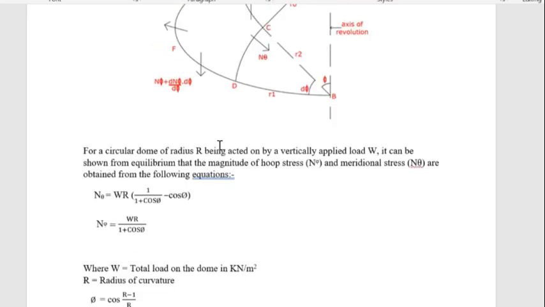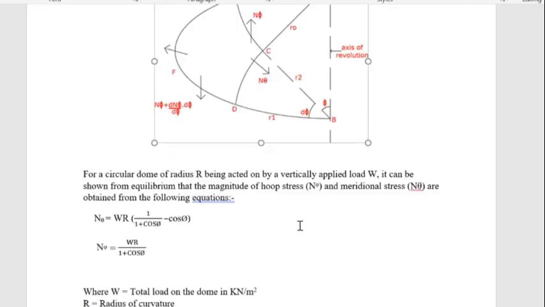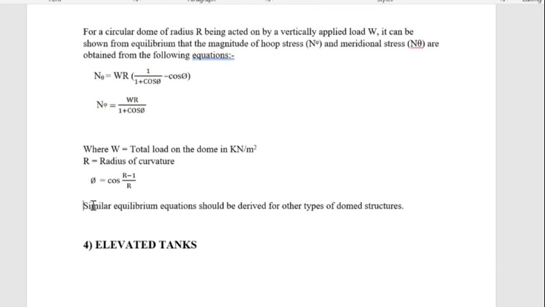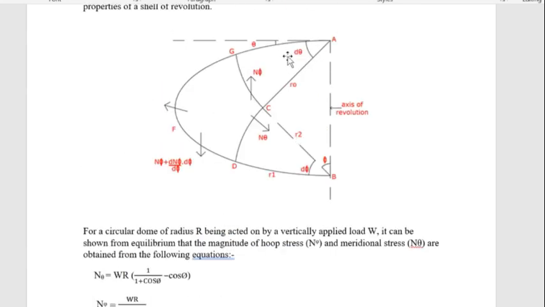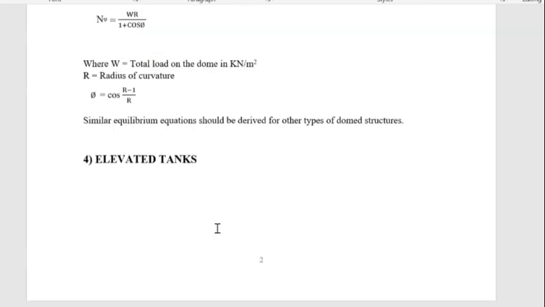The angles can be obtained from that diagram for clarification, and similarly, equilibrium equations can be derived for other types of domed structures. So you can derive for spherical domes, elliptical domes, and so on, again depending on the angles and cutting a small element and checking its equilibrium under the action of loads.